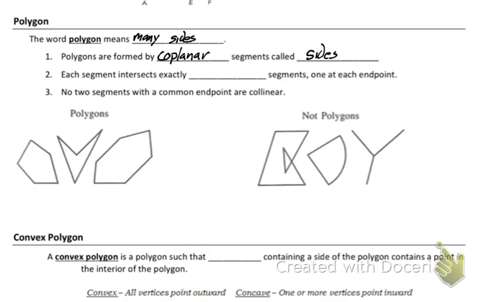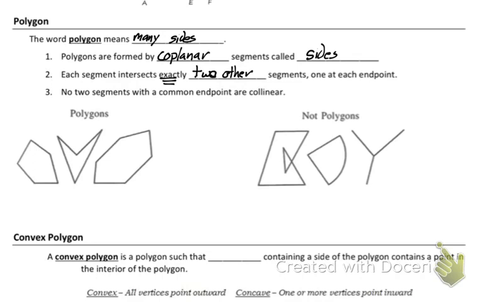Each segment intersects exactly 2 other segments, one at each endpoint.